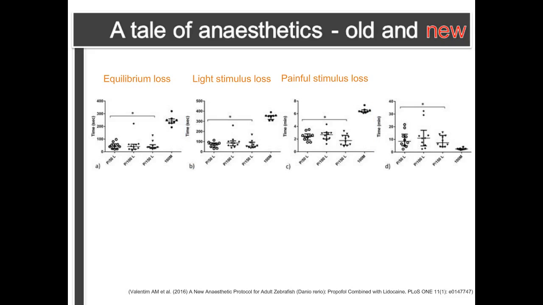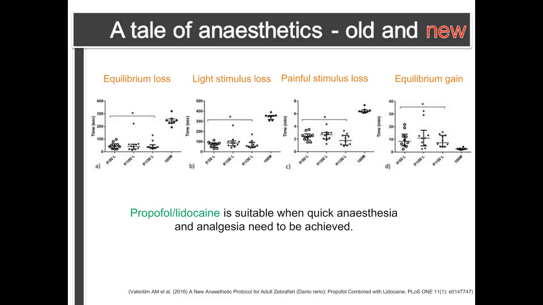However, the anaesthetic induced a much quicker recovery in these animals. So the only thing that we can say here is that the propofol lidocaine is suitable, so it's appropriate, when we want a quick anesthesia and analgesia. For example, for tail fin collection.